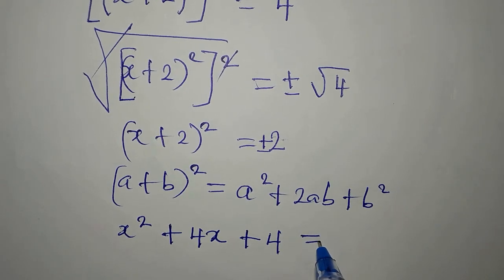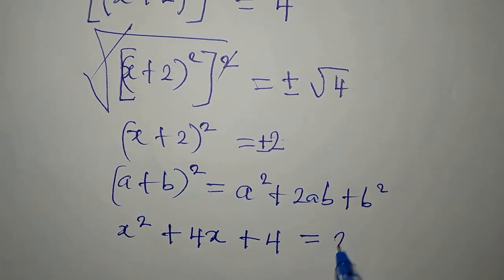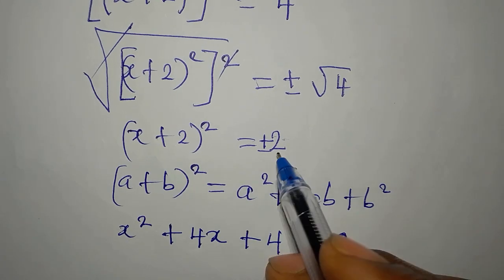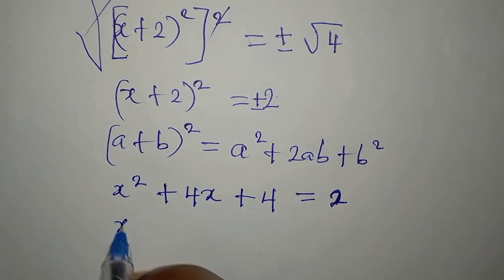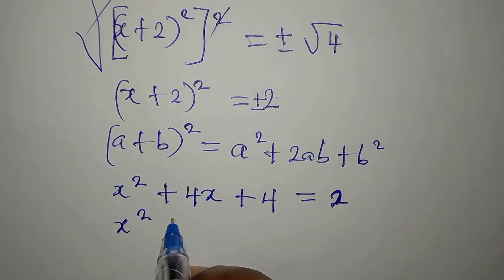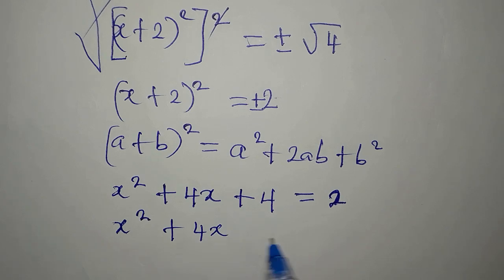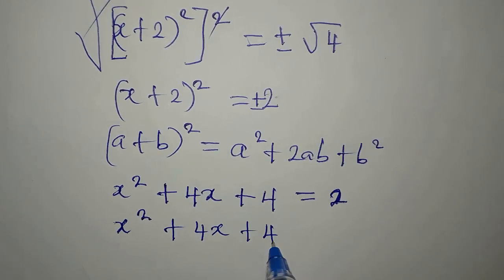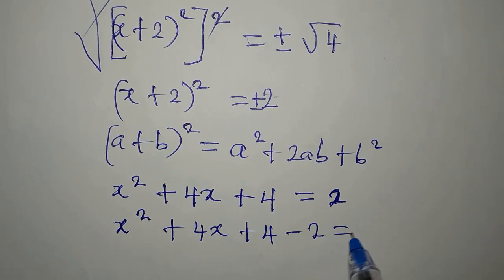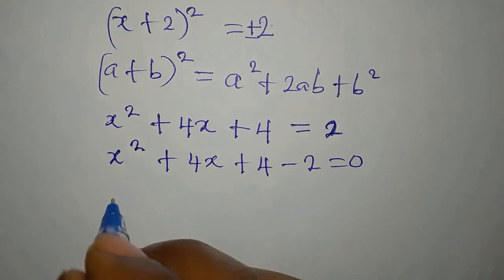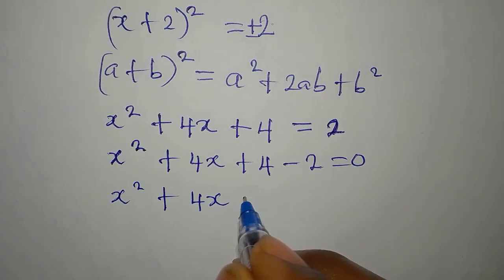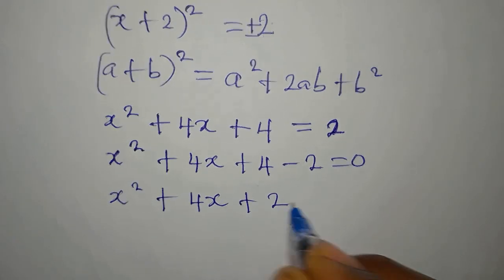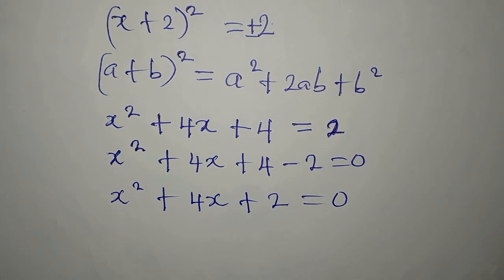So this is equal to 2. Remember, I will pick plus 2, and I will still come back to pick minus 2. So our x squared plus 4x plus 4 minus 2 is equal to 0. So that x squared plus 4x plus 2 is equal to 0.